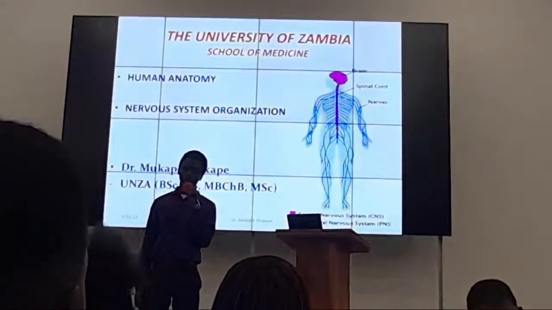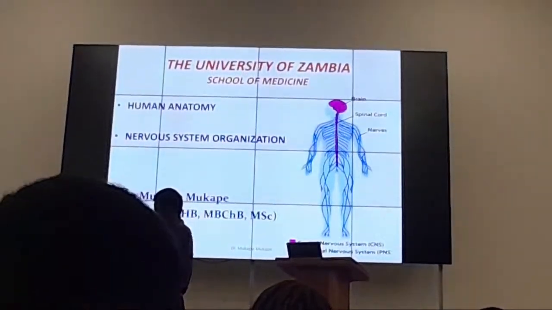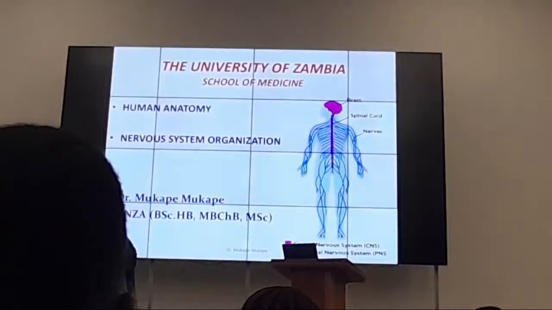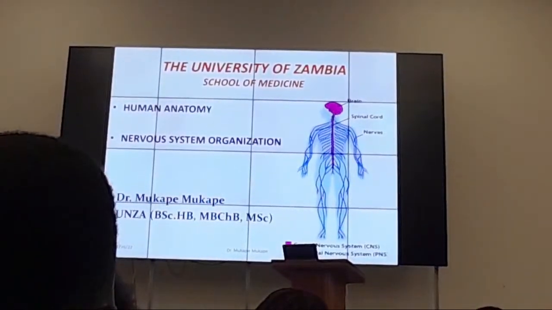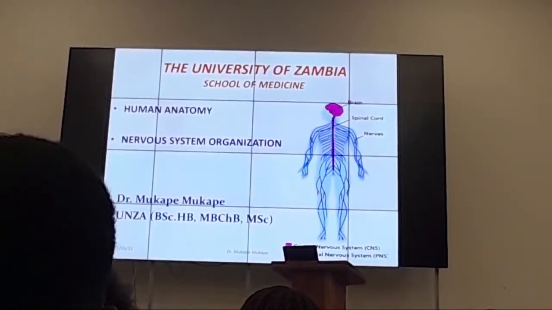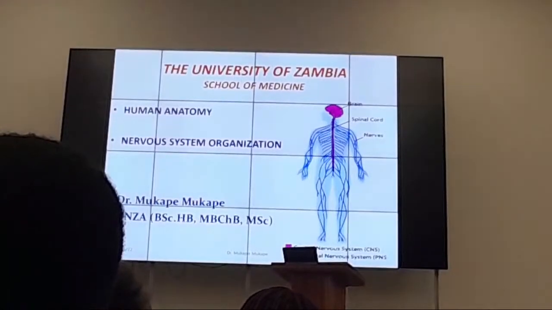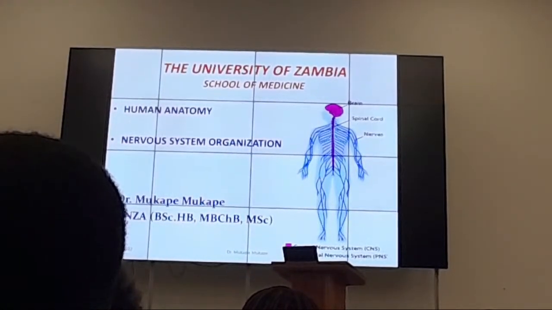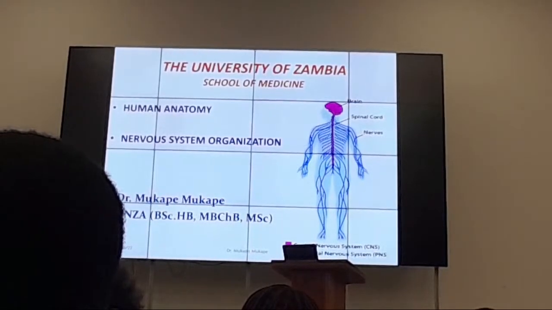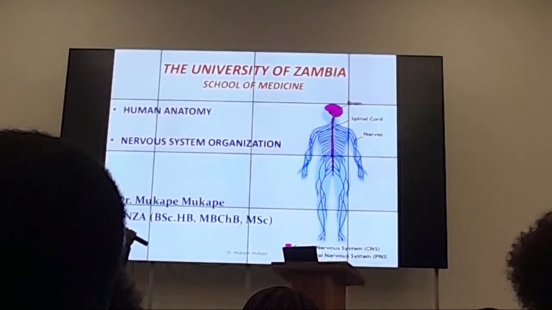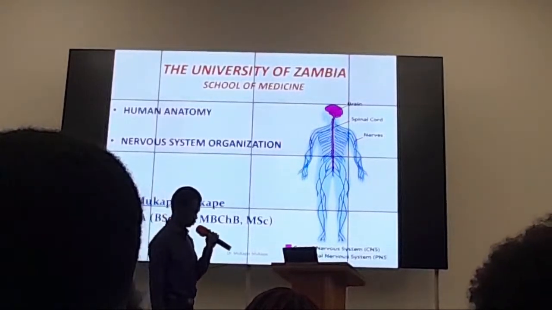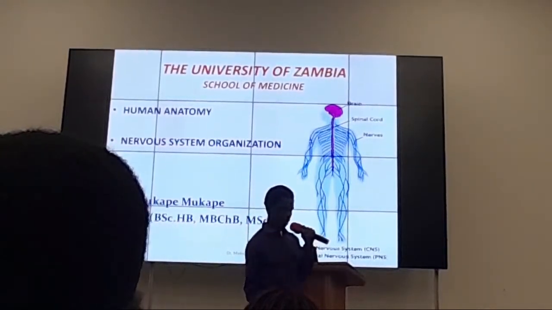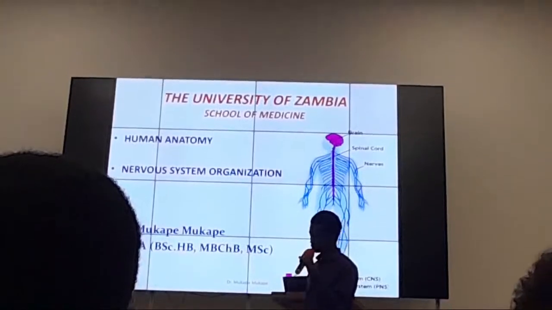Not in detail, but just the overview of the nervous system, how it is organized, so that as you study other topics, you can correlate with the nervous system, how it interacts with the other systems to coordinate the body.